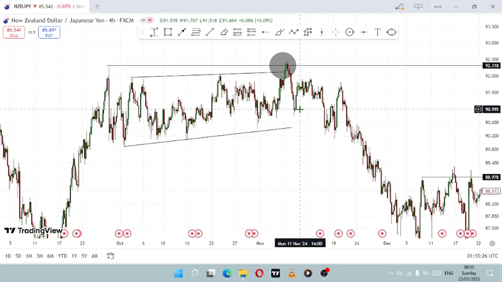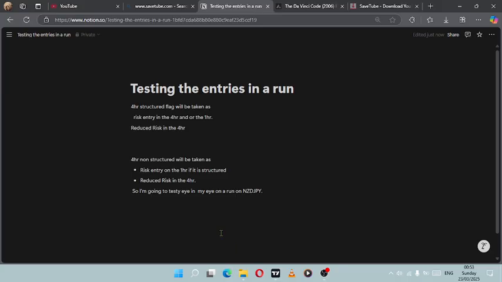take a 4 hour structured and a 4 hour non-structured flag. A 4 hour structured flag will be taken as a risk entry on the 4 hour or on the 1 hour, and it can also be taken as a reduced risk on the 4 hour.